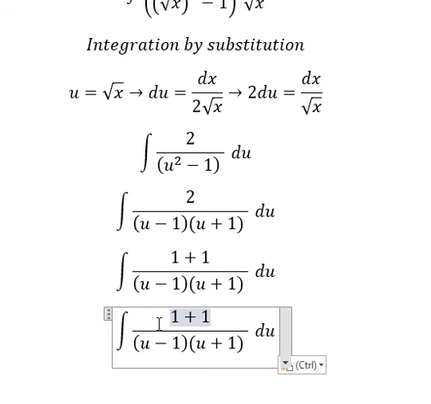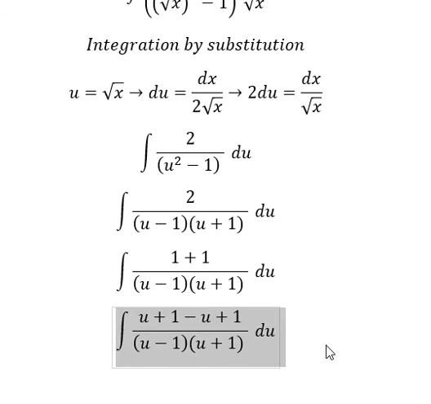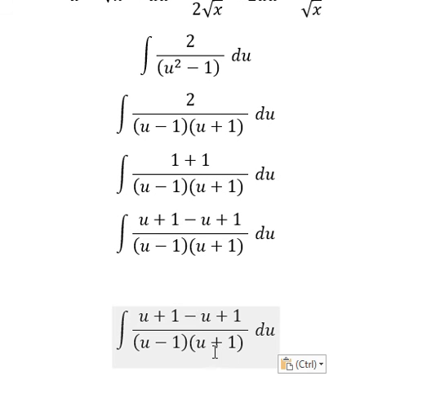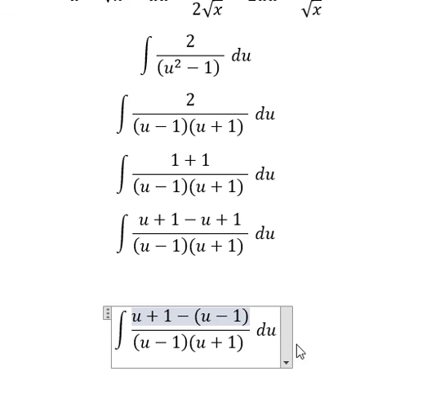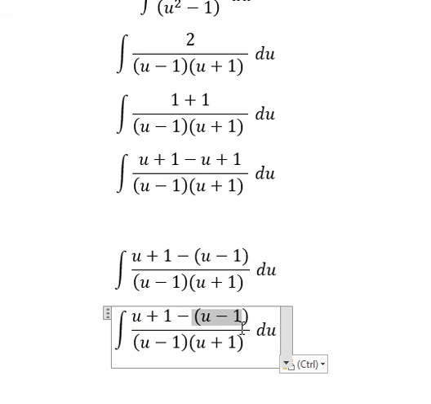So we need to add u, and later we need to subtract u. So we can do factorization by negative 1. So this one divides by this one, and this one divides by this one.